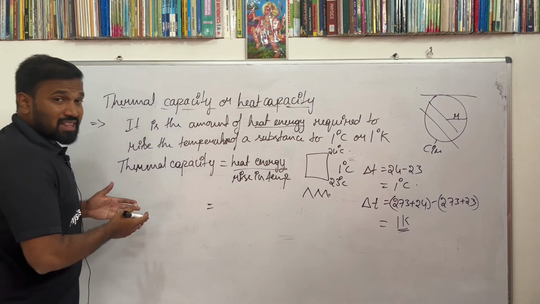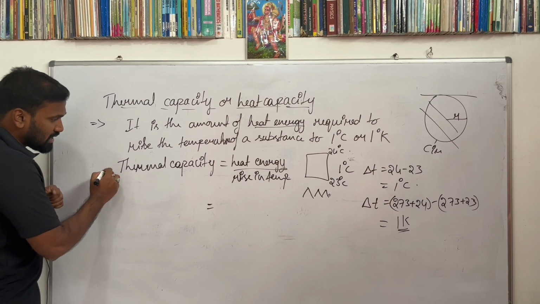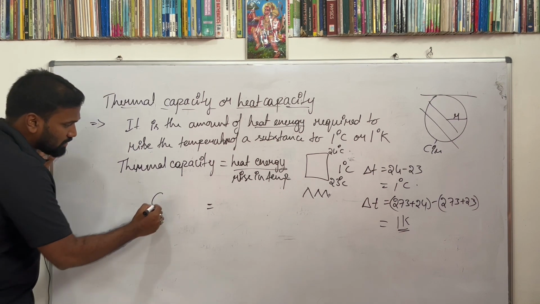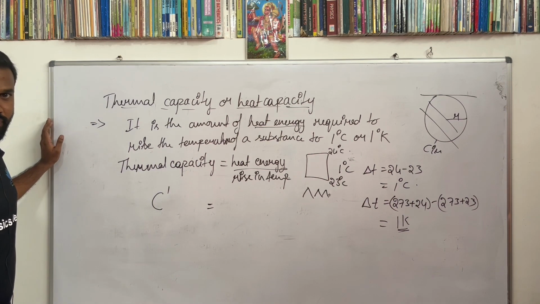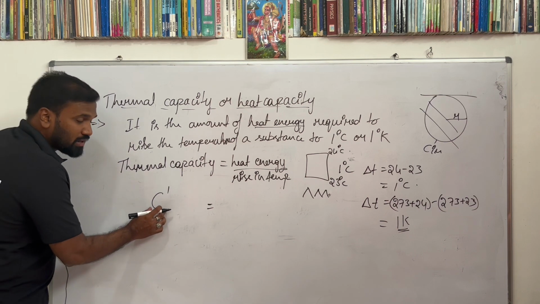Thermal capacity is a physical quantity, hence it has its own denotation, and the denotation of thermal capacity is C dash, with capital letter C.